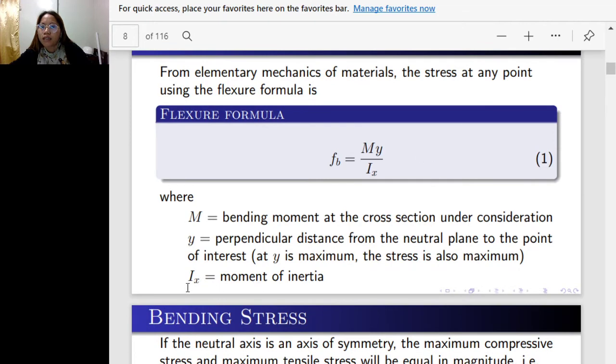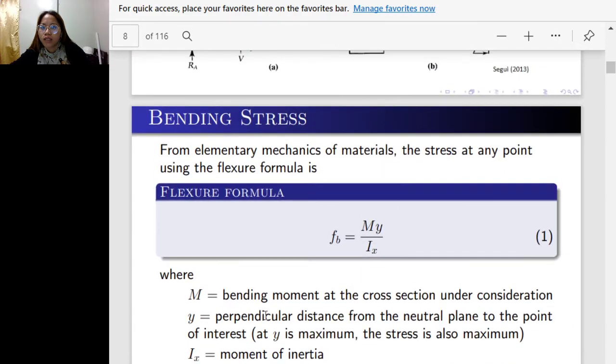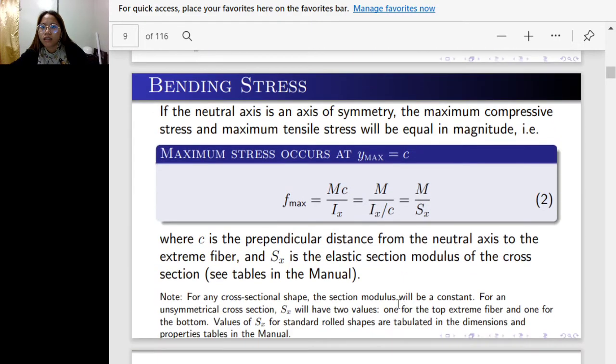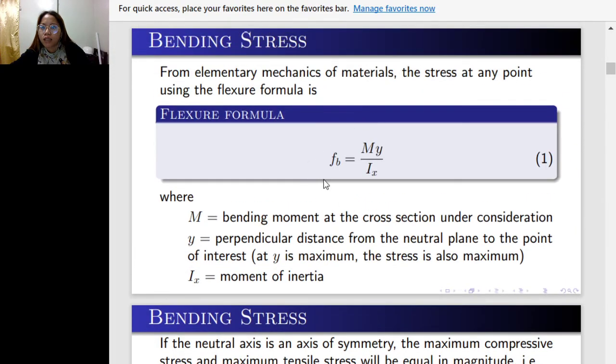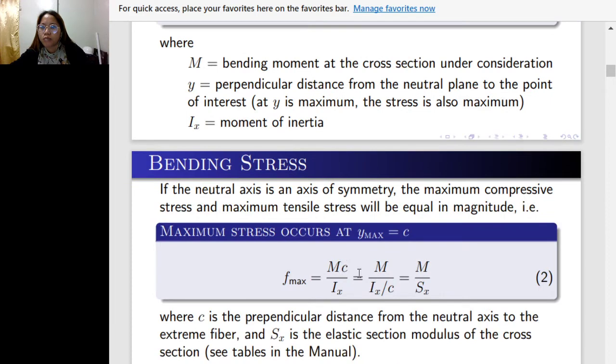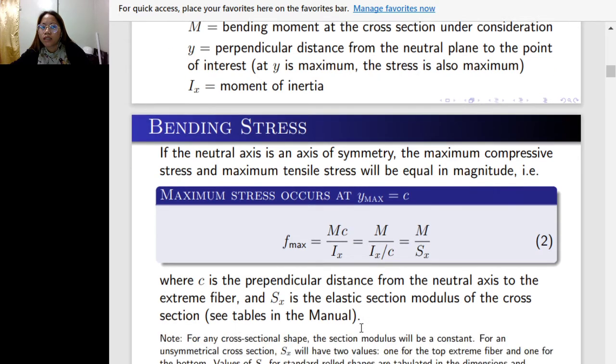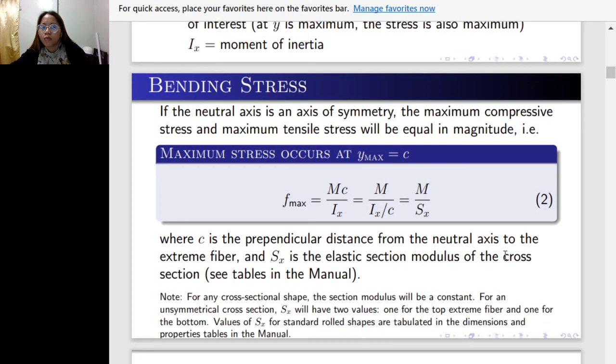And I sub x is the moment of inertia. So this bending stress can also be written as, if you try to get the maximum bending stress, your C should be maximum, where C is the perpendicular distance from the neutral axis to the extreme fiber.